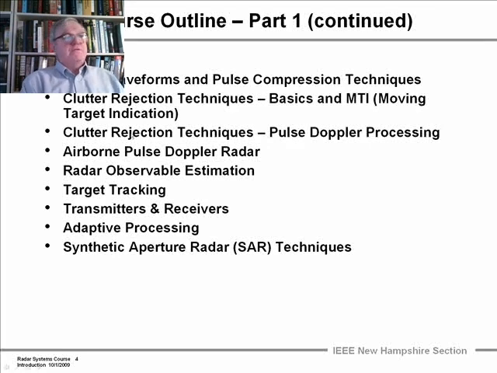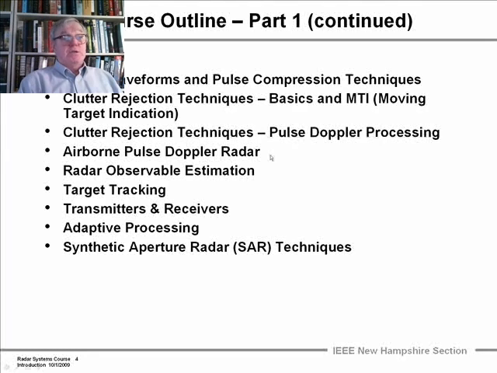And then to more sophisticated techniques, pulse Doppler processing. These techniques were developed sort of in parallel as Moore's law allowed us to do much faster processing inexpensively, because these require much more processing than the earlier mentioned techniques.